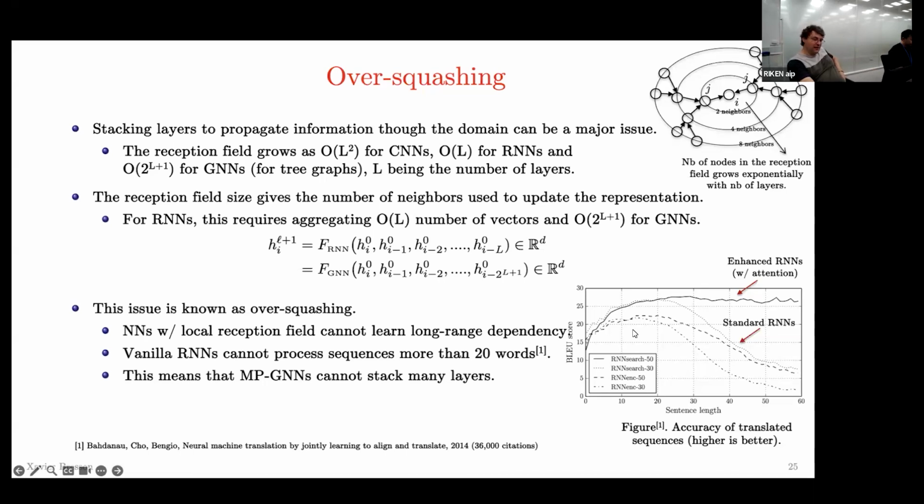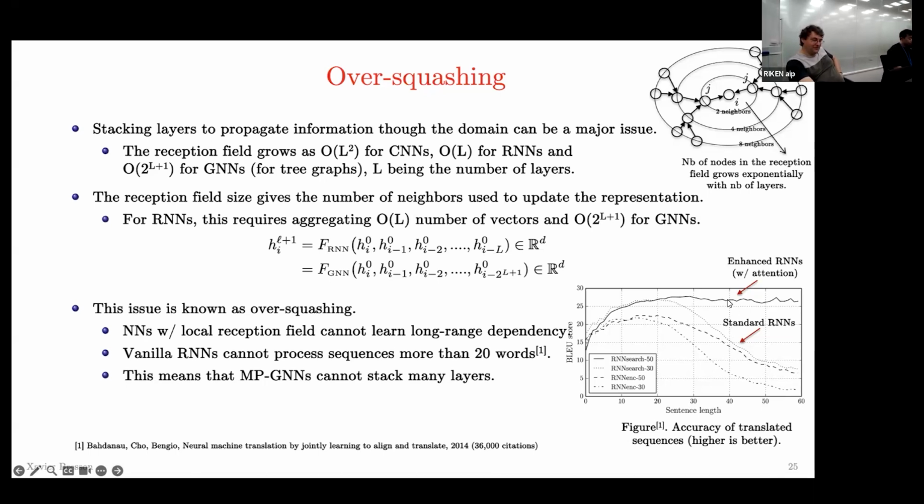So if you use RNN, here the x-axis is the sentence length. You want to do translation, so this is 10 words, 20 words, and so on. The y-axis is the performance, the higher the better. What you can see with the RNN is that it works fine, but after 20 or 30 words, the performance decreases. And this is due to over-squashing. It takes too much information to know what is the right one.